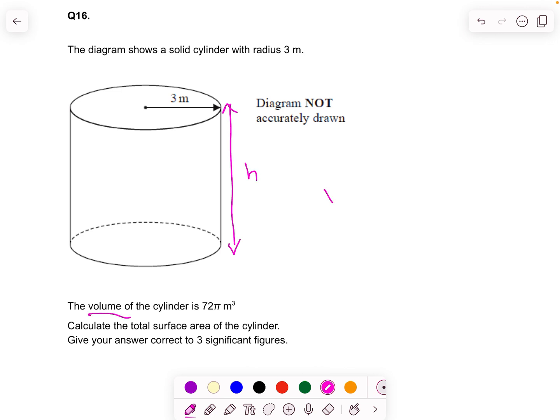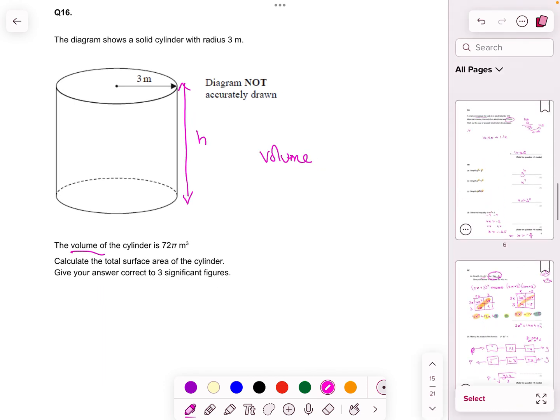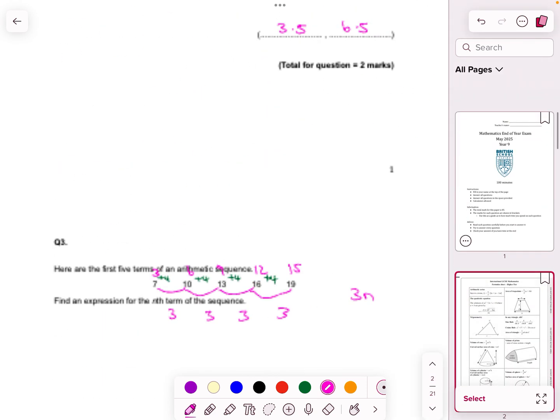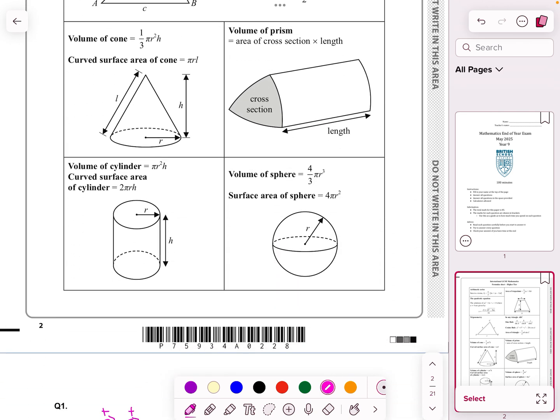If you forget, you can always go back to your formula sheet and see that the volume of a cylinder is pi r squared h, and the curved surface area is 2 pi r h. But let's deal with the volume first, so pi r squared h.